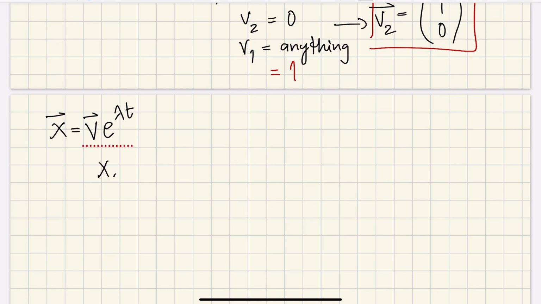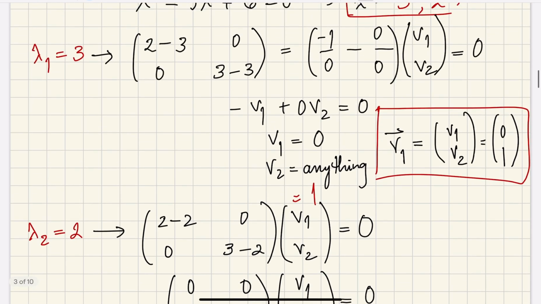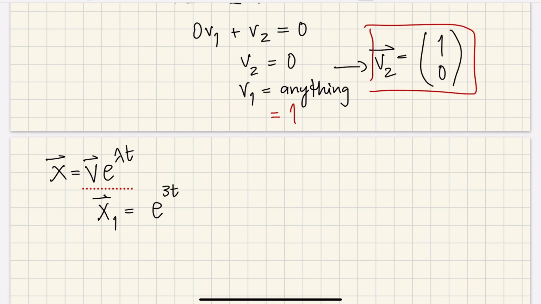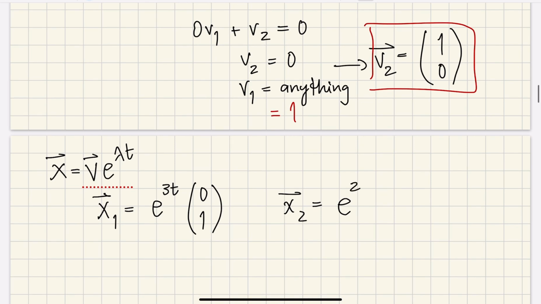So our first solution is e to the power of the first eigenvalue, which is 3t, times the eigenvector, which we said is [0, 1]. Our second solution is e to the second eigenvalue, which is 2t, times [1, 0], which is our second eigenvector.